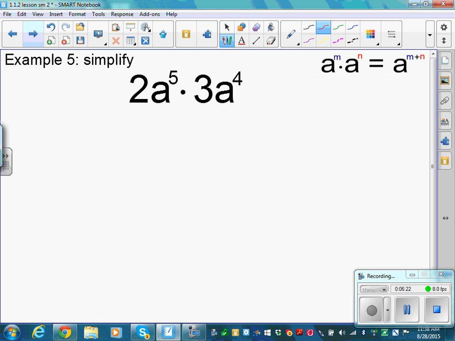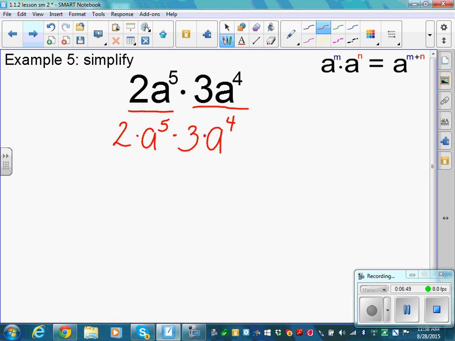Let's do this one. 2a to the 5th times 3a to the 4th. The first thing you need to understand is that 2a to the 5th is not connected. It's just multiplication. So really this is the same thing as 2 times a to the 5th. And once again, the 3a to the 4th, it's not connected. That's the same thing as 3 times a to the 4th.